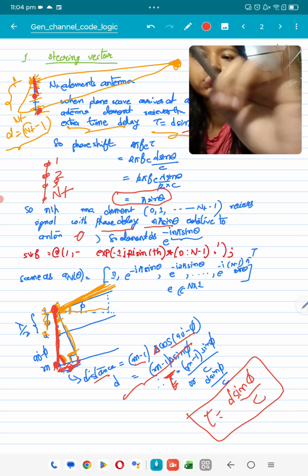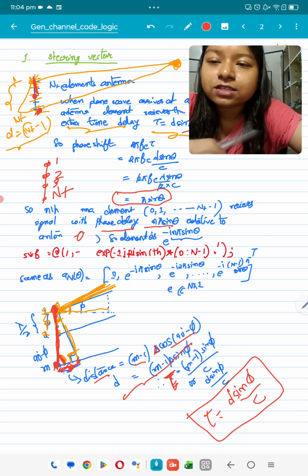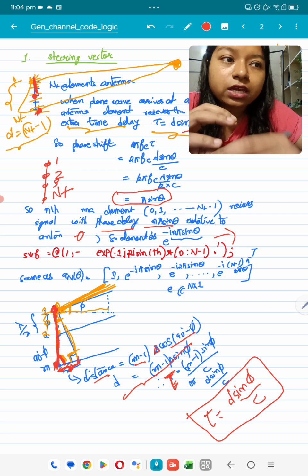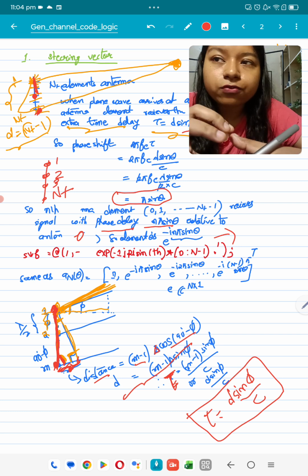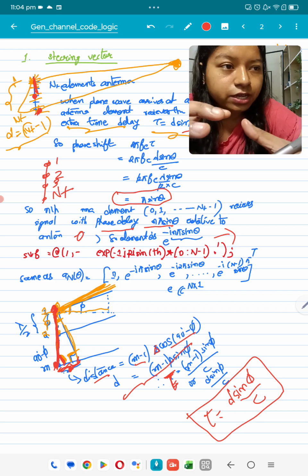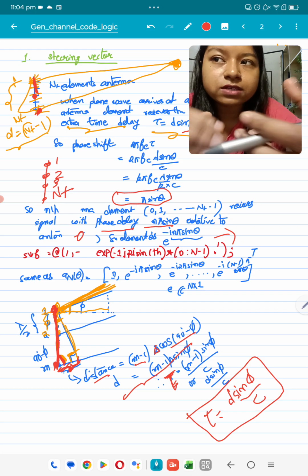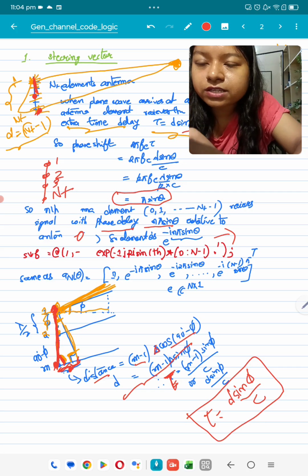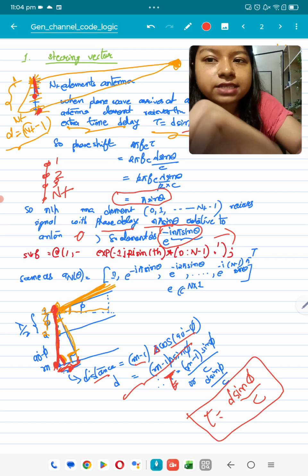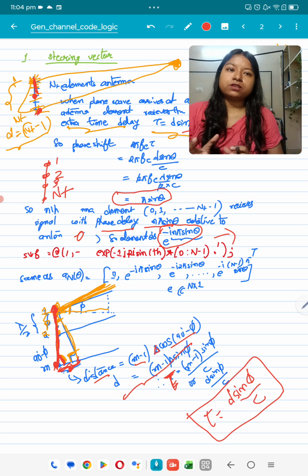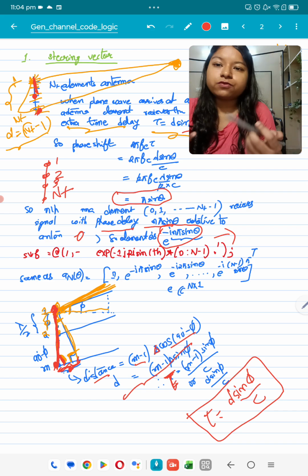So if we know the phase, then the received signal will have some kind of attenuation, and also some phase difference, which we calculated. The phase difference we just calculated is e to the power minus j n pi sin theta. That is our steering vector, the steering factor we are talking about.